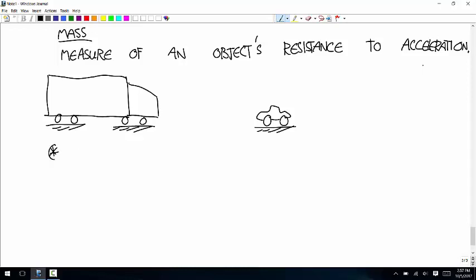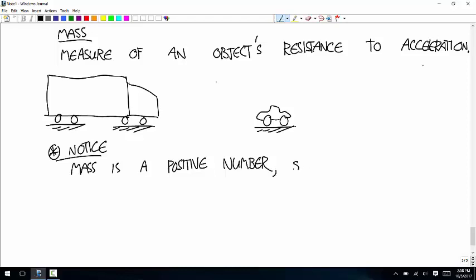Notice that mass is always a positive number. And so that means that it's not a directional quantity.